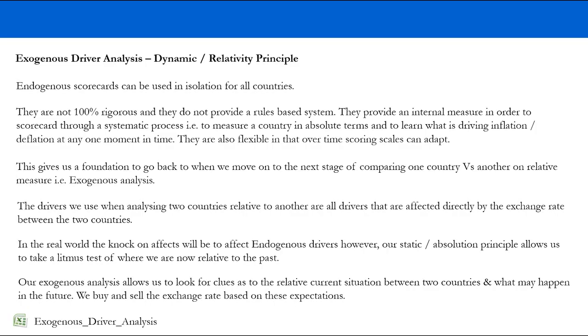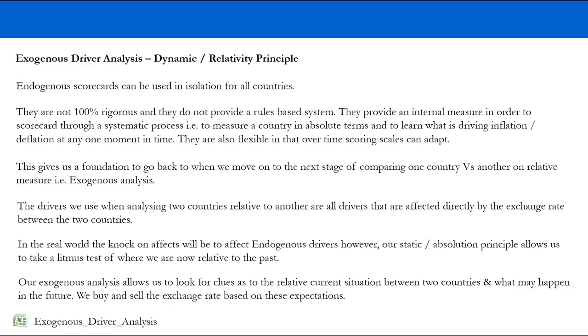What they do is provide an internal measure to scorecard through a systematic process, so we can measure the country in absolute terms objectively and learn what is driving inflation and deflation at any one time. And also, as we learned earlier, they're flexible in that over time the inputs can be added to and the scoring scales themselves can be adapted.